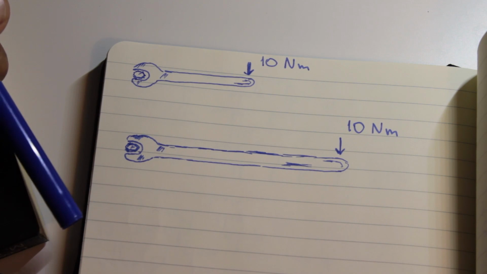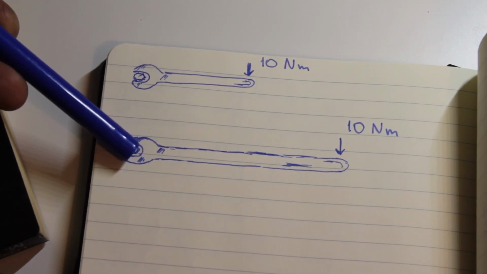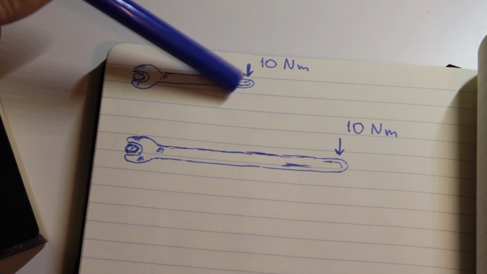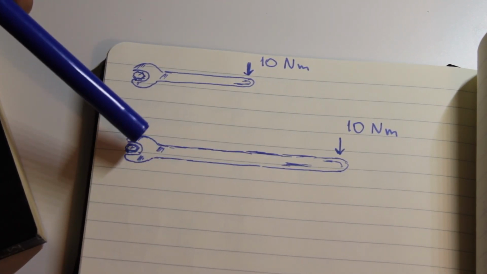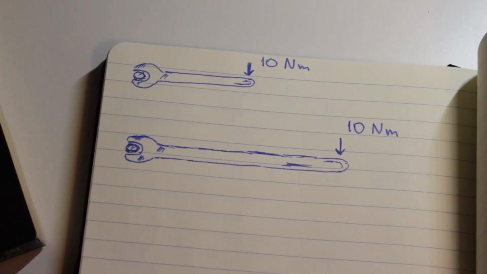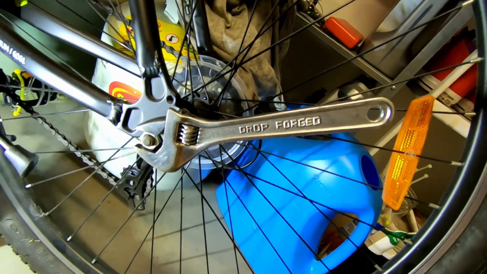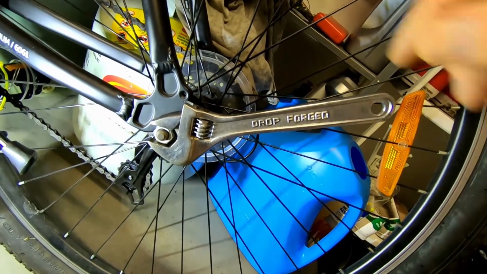So to torque that bolt to 20 Newton meters, we can push here with 20 newtons on a 1 meter long spanner, or use a 2 meter long spanner and push it with the same force of 10 newtons. We multiply the torque and torque it up to 20 Newton meters. But we can torque it very slowly or a little bit faster, it's still going to be the same 20 Newton meters. And we encounter that torque multiplication every time in our life without even realizing it.